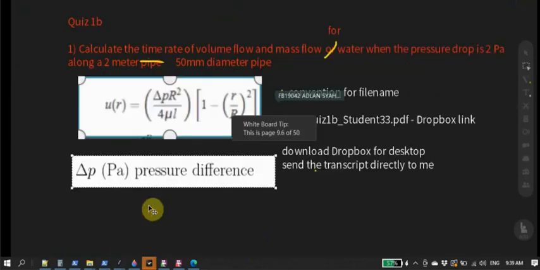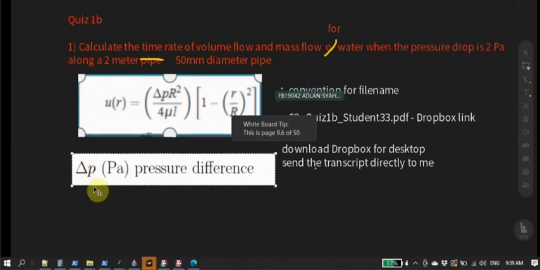So we're going to see some loss of flow work that is represented by this delta P pressure difference, right?